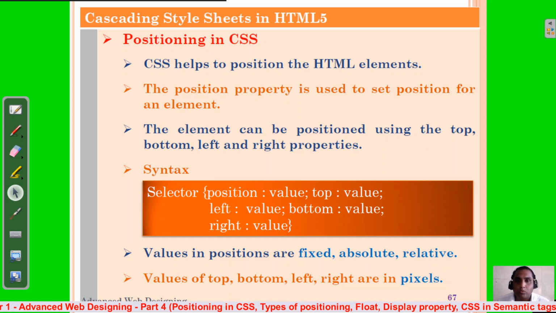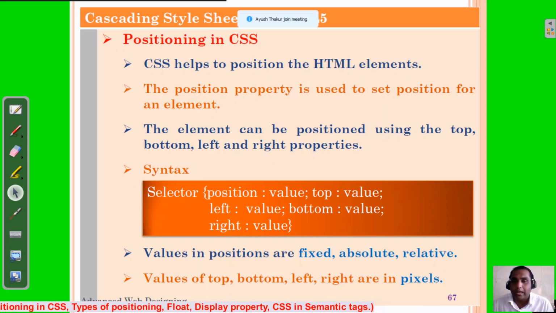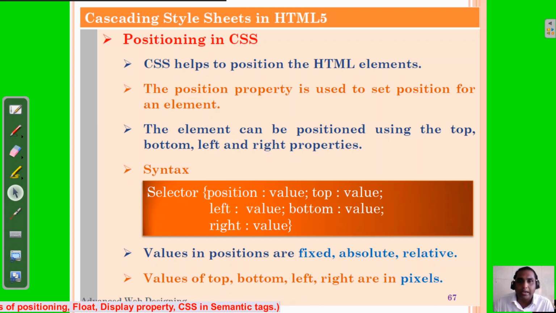What I want to display on the screen, I do it with the normal HTML tags. But if I want to position a particular HTML element at a particular location on that screen, then I make use of CSS positioning. CSS helps to position the HTML elements at a particular location.